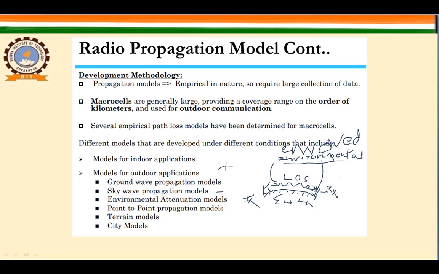So it has the name environmental attenuation model. When the transmission is in the form of line of sight, that is known as point to point propagation. This point to point propagation is also known as face to face propagation.